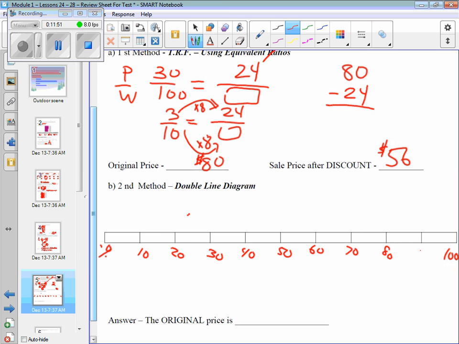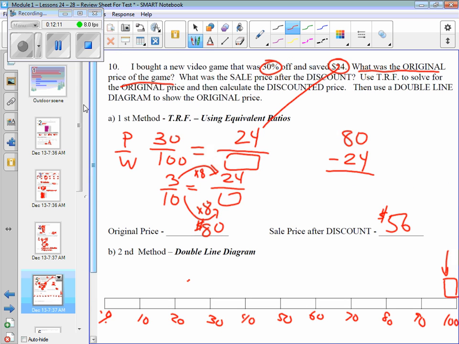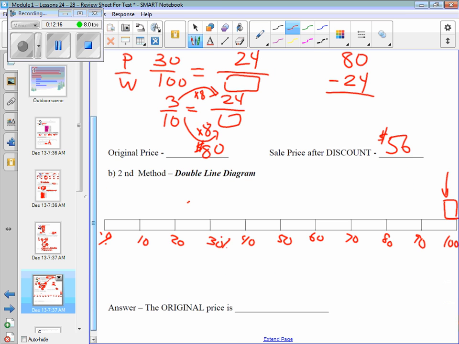I want you to remember that the quantity that we're trying to find, the original amount, which belongs here, if we did not do TRF, this is the value we're trying to find, so we've got to leave that blank because we're not supposed to know that yet. What I do know, if I look back at the original problem, is that 30% saves me $24. So I find my 30%, and that becomes 24. So my next question, here's 0, here's 24. What do I need to count by?